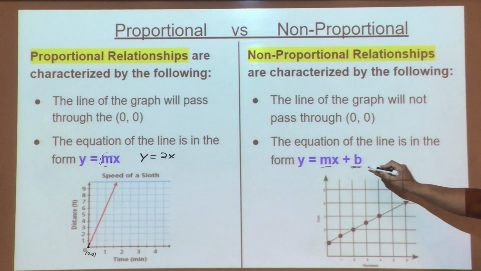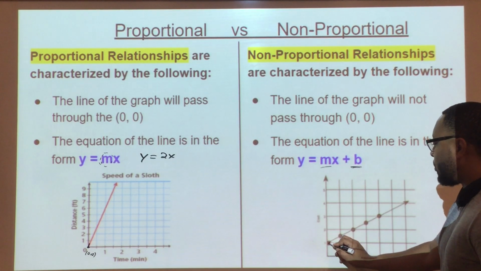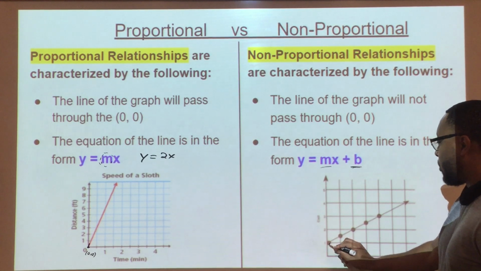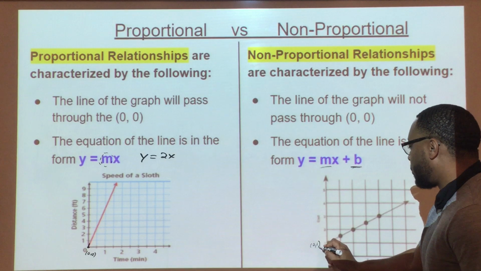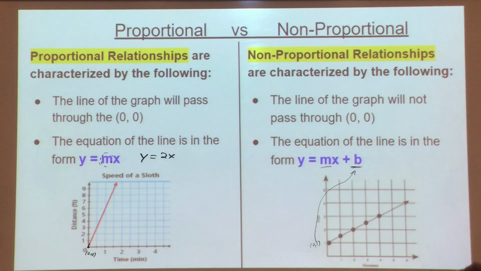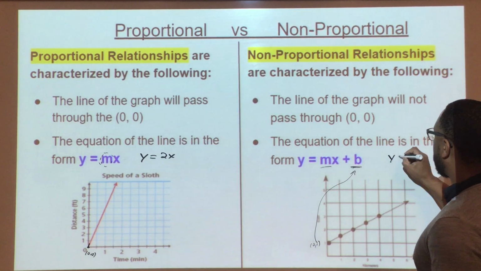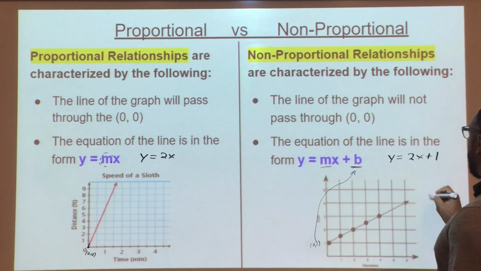But what that b is essentially saying is your line no longer starts at (0, 0). Instead, it starts at this number, which in this graph is (0, 1). You'll notice this line starts at (0, 1). Well, that 1 is going to be what the b represents. So this equation will look something like this: y = 2x + 1.